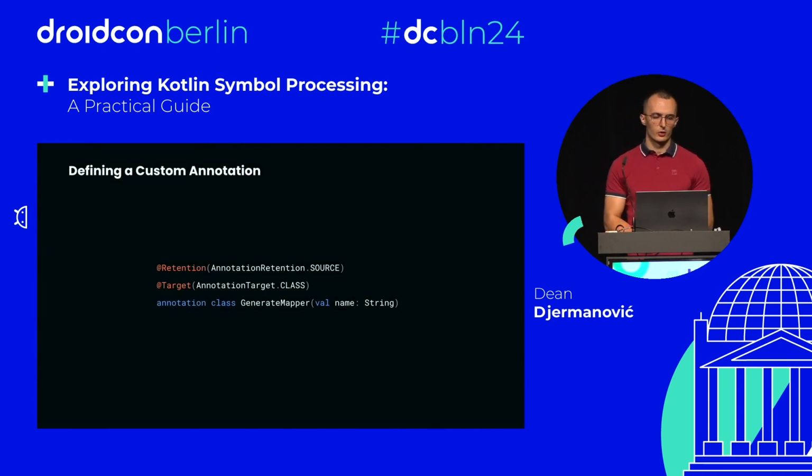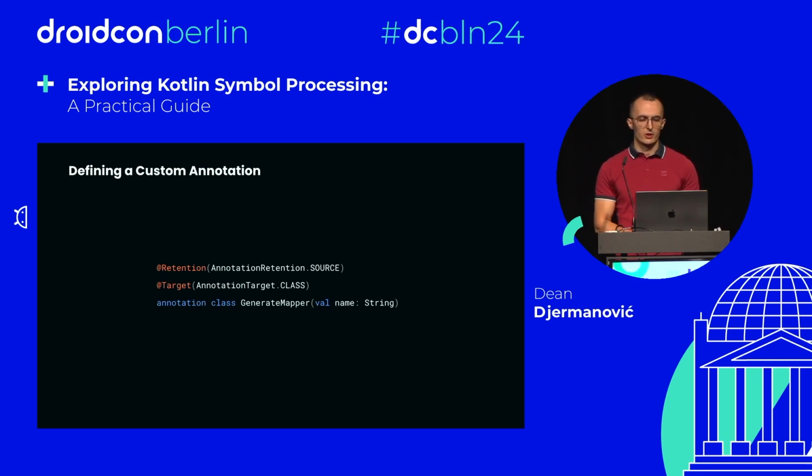So to start, we are going to define our custom GenerateMapper annotation. This is the annotation that we are going to use to annotate model classes that need their mappers automatically created. We named this annotation GenerateMapper, and it takes in one parameter named name. The value of this name parameter is going to be used as the name for our interface component.